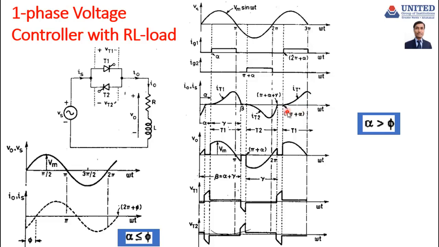When T1 conducts, the voltage drop across it appears as a reverse bias across T2. Similarly, when T2 conducts, Vt2 appears as a reverse bias across T1.